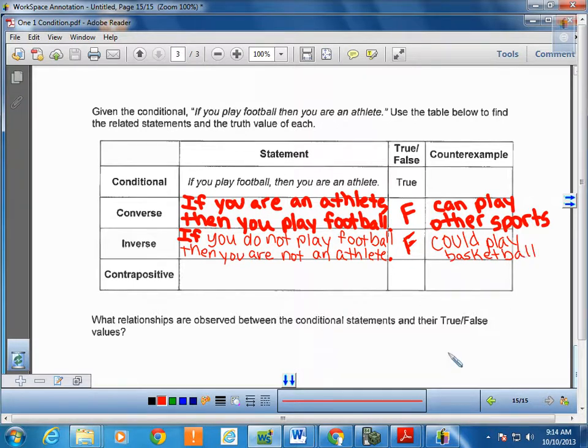Your contrapositive is where you do both, the converse and the inverse. So it would be, if you are not an athlete, then you do not play football.